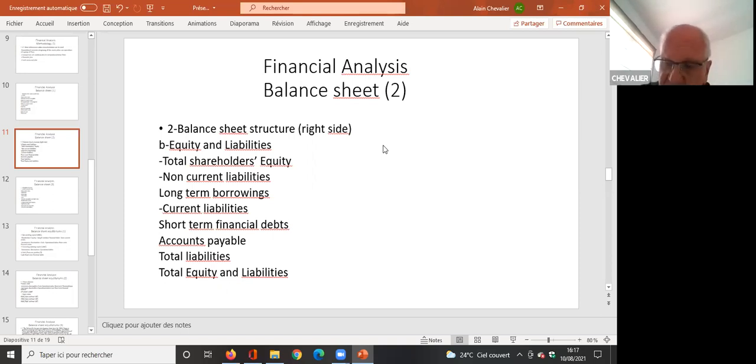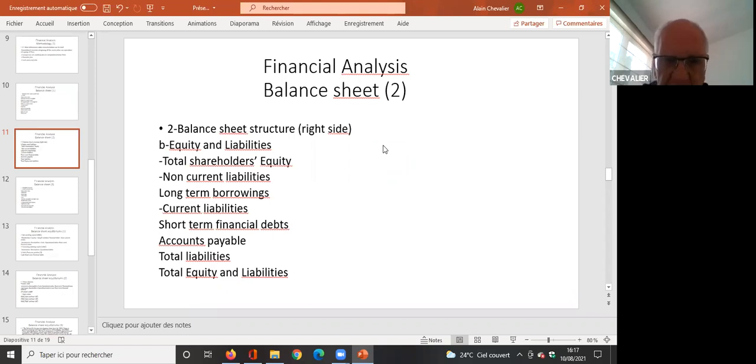So progressively, the percentage of total equity coming from retained earnings is increasing. And the cash brought by the shareholders is a minority of the total equity. So we'll do some exercises on that because you have to understand that very, very clearly.